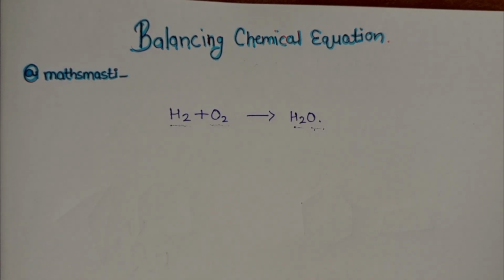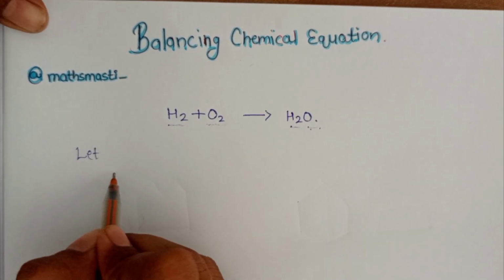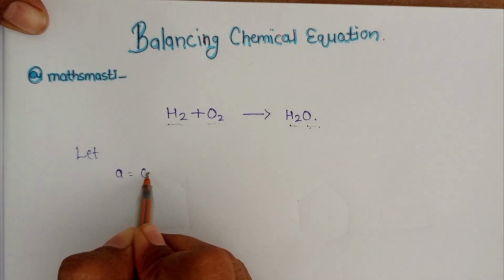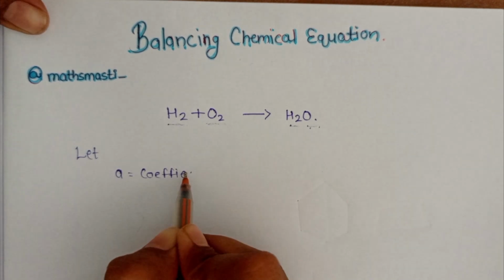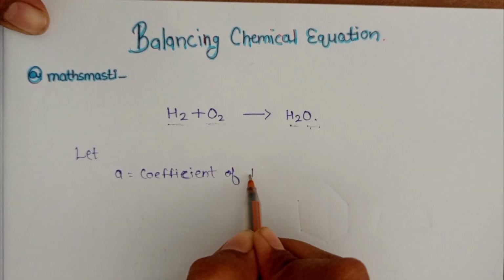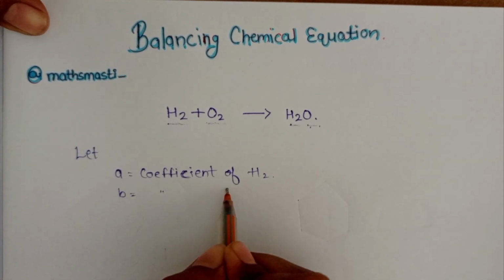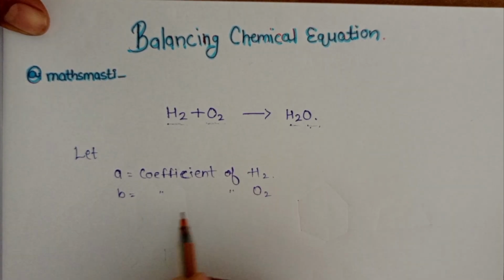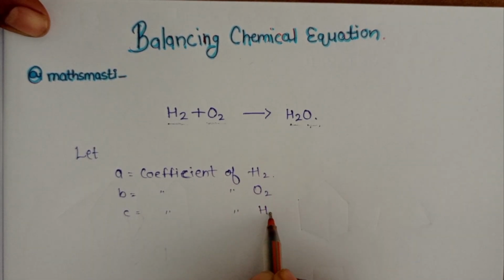First of all, we assign variables to each component. Let A be the coefficient of hydrogen, let B be the coefficient of oxygen, and let C be the coefficient of H2O.